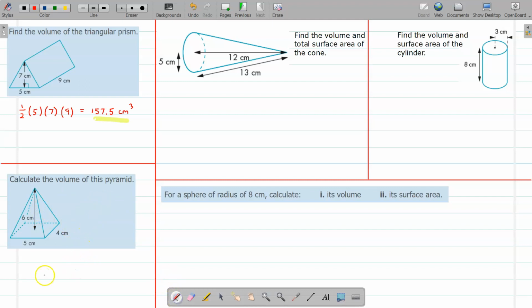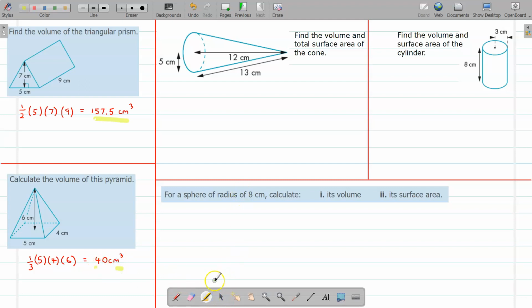I just take the formula, which is 1/3 of the base area, which is 5 times 4, the area of the rectangular base, times the vertical height, which is 6. That gives you exactly 40 centimeters cubed, and that's the volume of that pyramid.